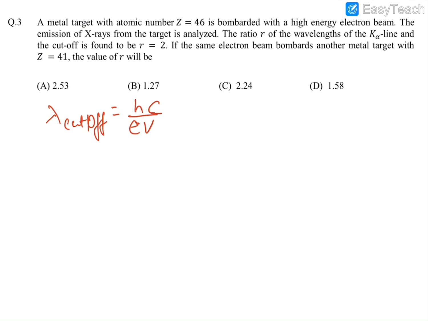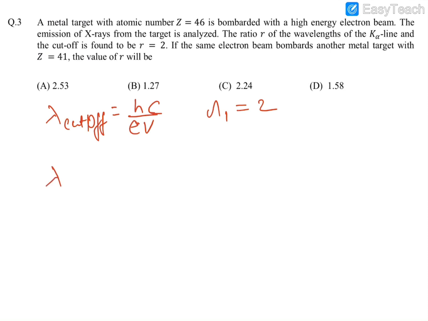In fact it depends on the energy of the electron beam, and as we know that the same electron beam is being bombarded on the different metal, therefore we can say that the energy of these electron beams would remain the same in the second case, and therefore the cutoff wavelength would remain the same in the second case.